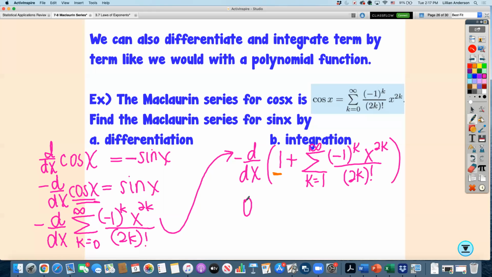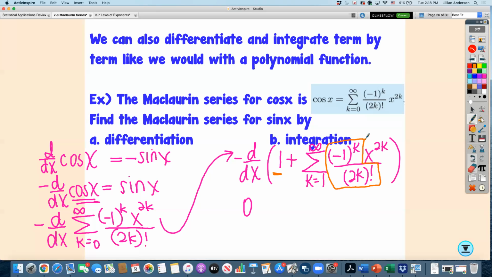And then for this next part, what you should realize is that we get the coefficient of each one of our terms in the Maclaurin series from this part right here. That -1 to a power divided by 2k factorial represents the coefficient of each of our terms. And the sigma just represents us adding up every single one of those terms.